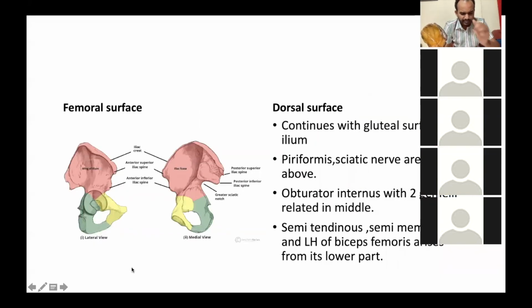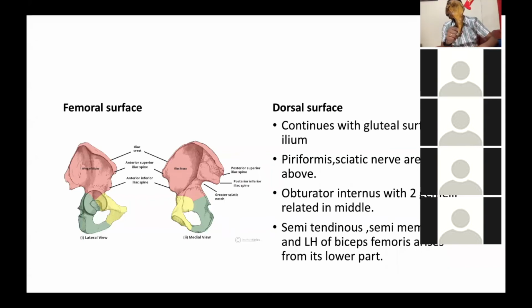Next, the anterior border. The anterior border of the ischium forms the posterior border of the obturator foramen.